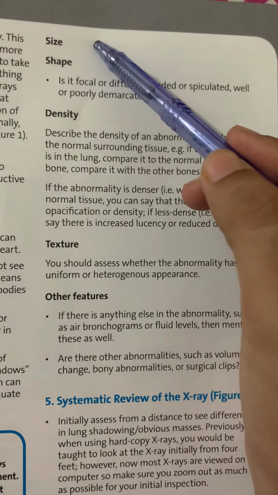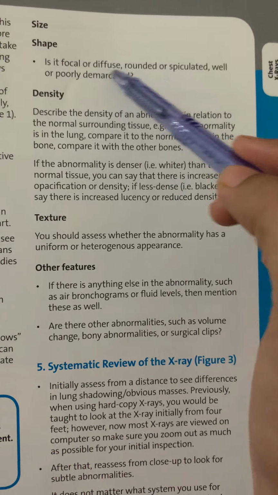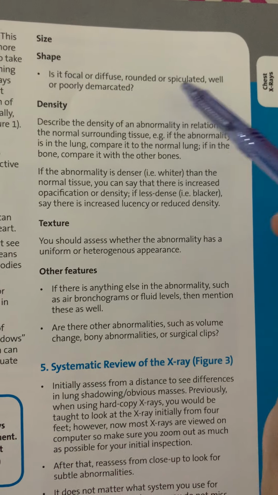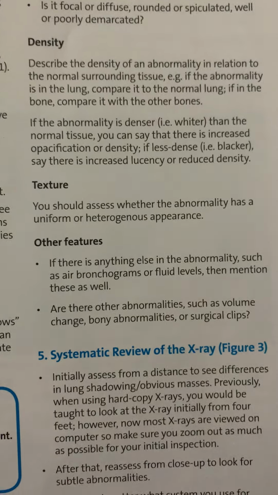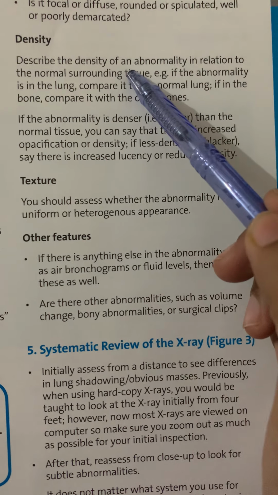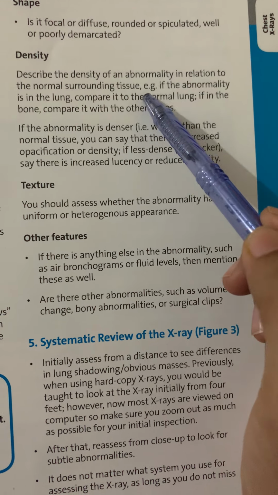Then comment on the size of the abnormality, shape, is it focal or diffuse, rounded or spiculated, well or poorly demarcated. Then comment on the density. Describe the density of an abnormality in relation to the normal surrounding tissue.